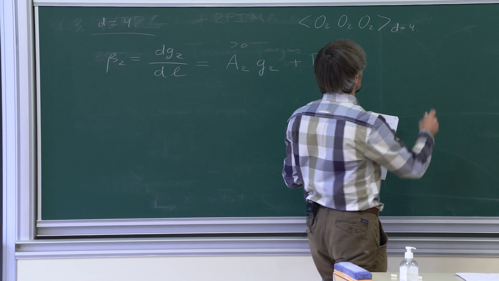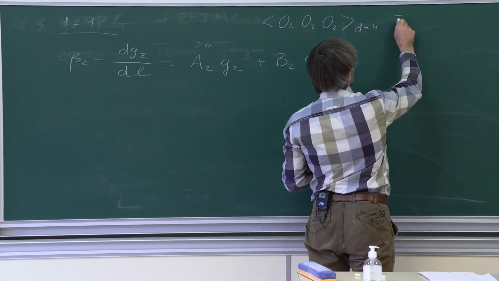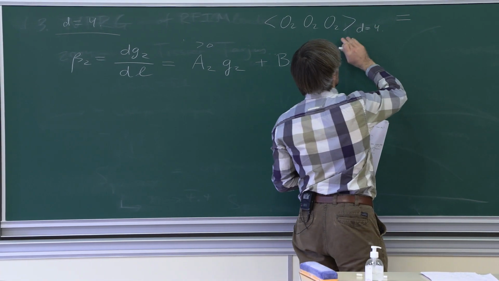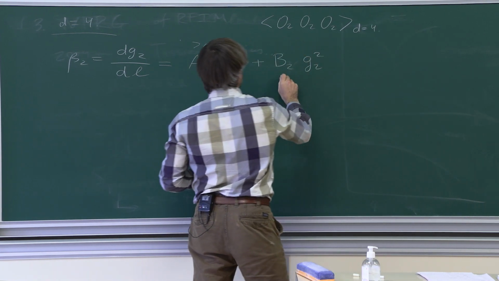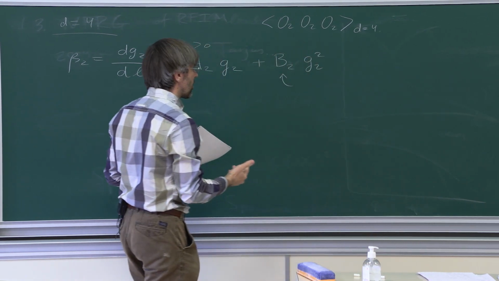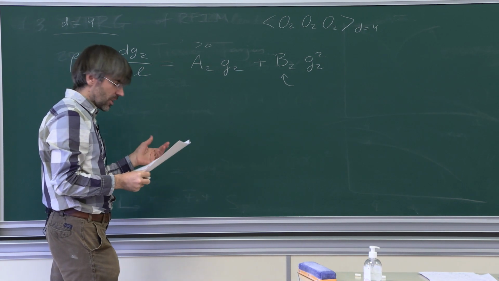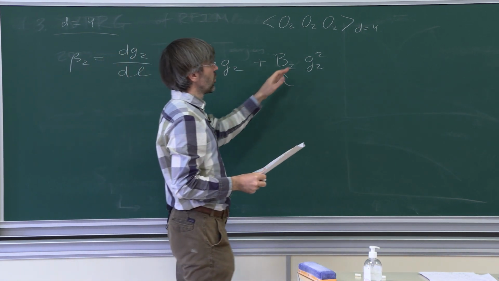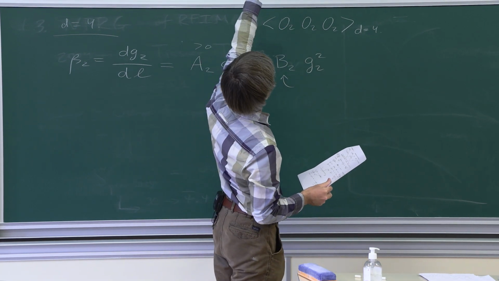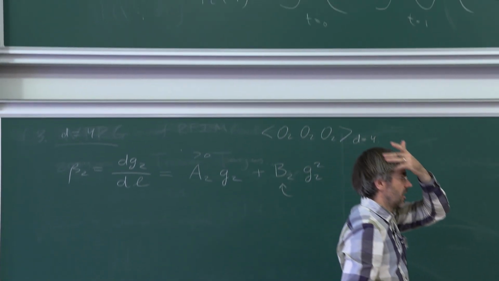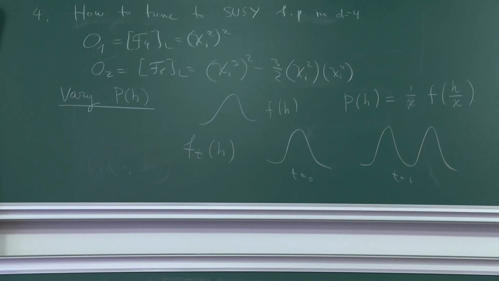So let us suppose that we replace this B2, which has to be computed in d equals 4, by its value in d equals 6. That's just an approximation, but now you can do a calculation, because O2 is an explicit operator in terms of chi's. You can compute its 3-point function coefficient.